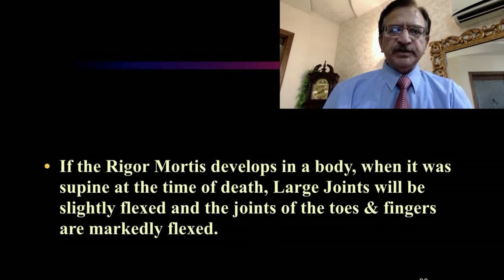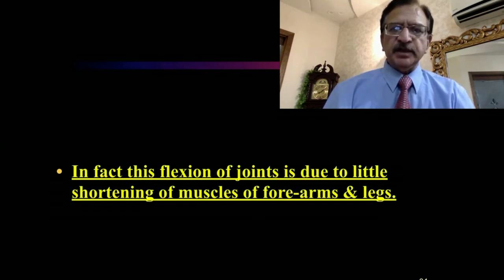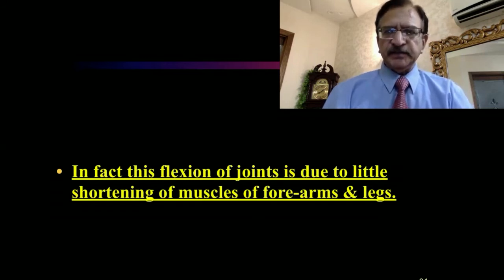If the rigor mortis develops in a body when it was supine, that is, face facing upwards, at the time of death, the large joints will be slightly flexed and the joints of the toes and the fingers are markedly flexed. In fact, this flexion of the joints is due to a little shortening of the muscles of the forearms and the legs.